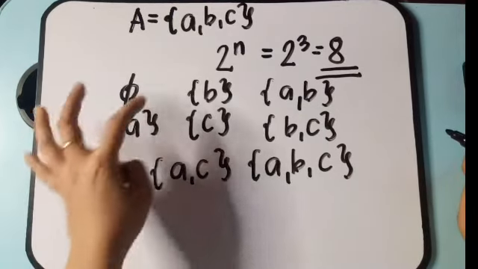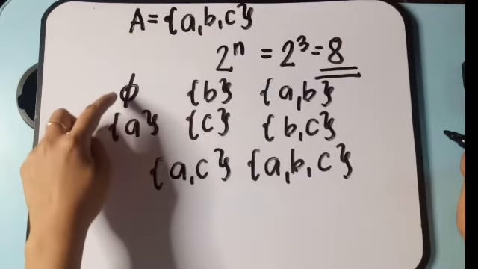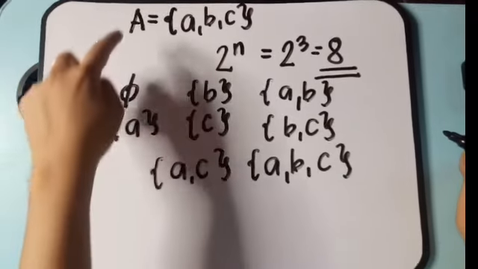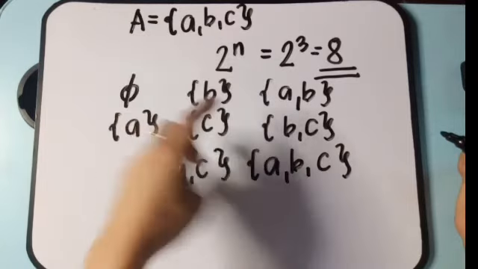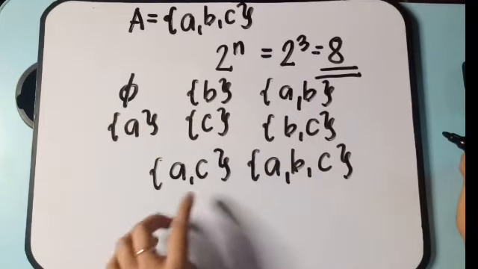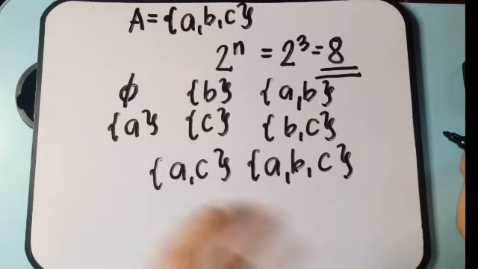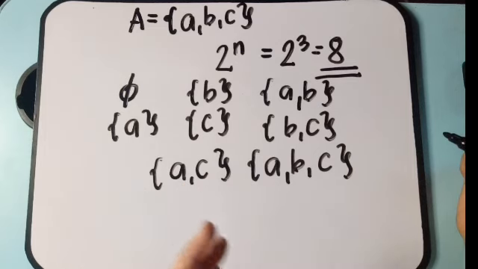So, these sets here are the subsets of set A. Tama? This phi is a subset of set A. This A is a subset of set A. This set is a subset of set A. Lahat yan. Kung mapapansin nyo, class, walang naulit. Walang magkaparehas dyan. So, hindi pwedeng ang A and C, class, ay parehas lang sa C at saka A. Okay, so hindi pwedeng may maulit dyan na elements of the set.